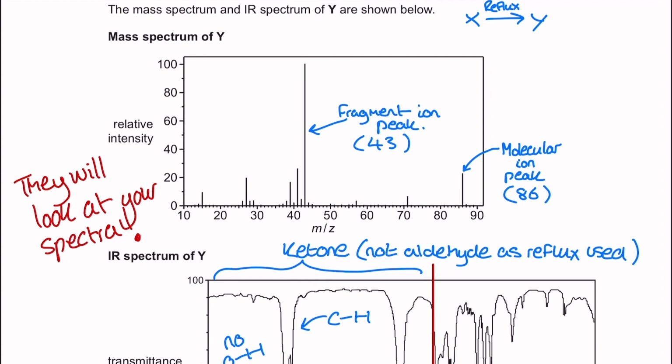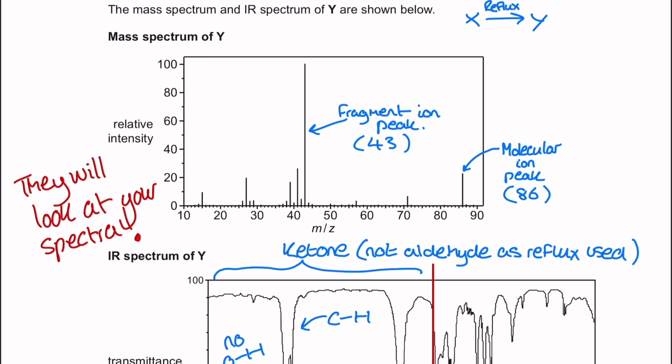What they want you to do is figure out what the structure of X is from the selection, what the structure of Y is once X is oxidized using acidified potassium dichromate under reflux, and you've got to use all of the evidence to support your explanation, and then write the reaction equation of X becoming Y.